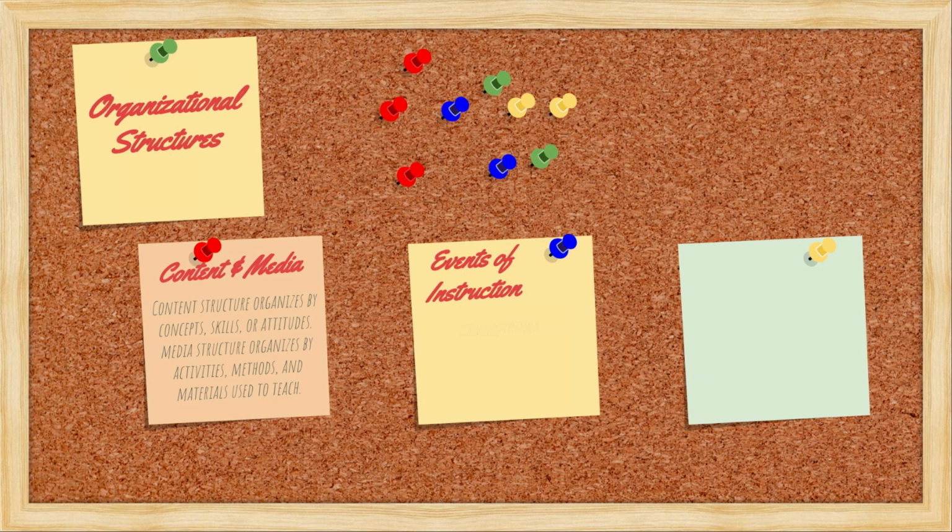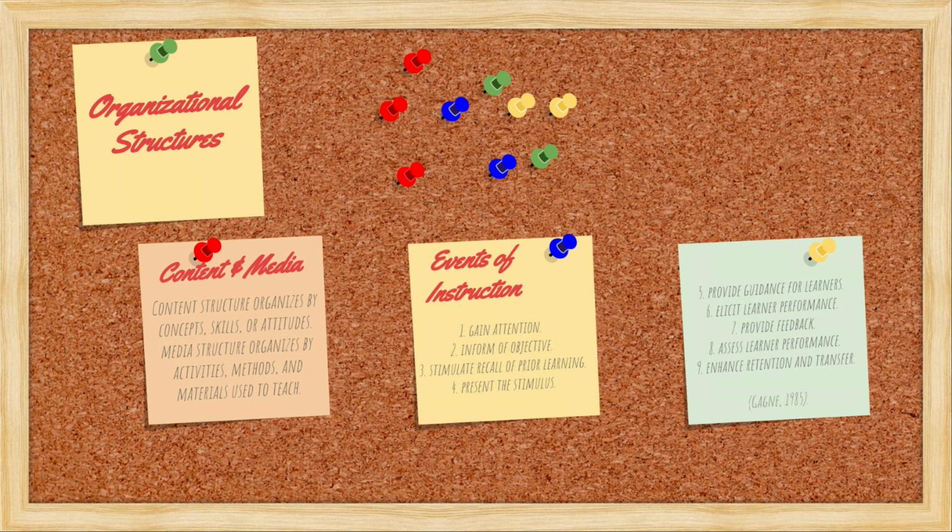According to Gagne, 1985, events of instruction are broken down into 9 key components: gain attention, inform of objective, stimulate recall of prior learning, present the stimulus, provide guidance for learners, elicit learner performance, provide feedback, assess learner performance, enhance retention and transfer.